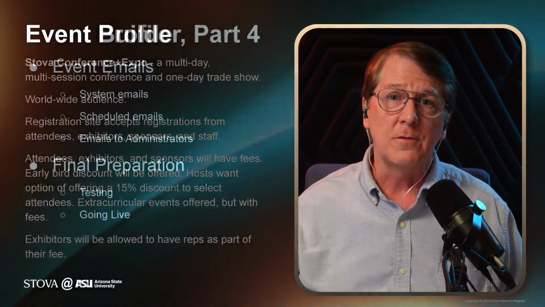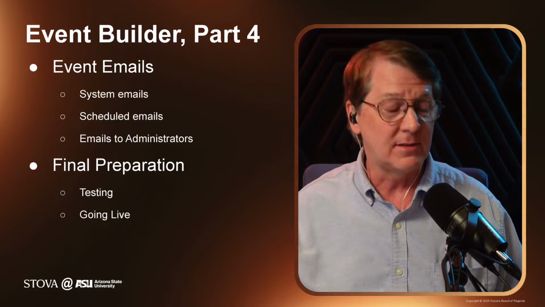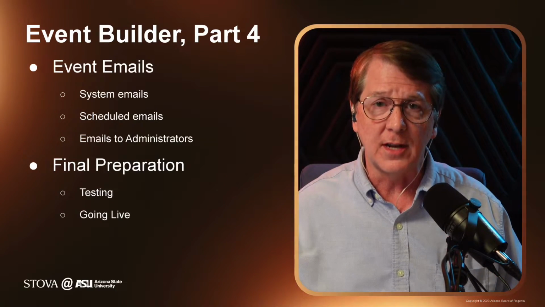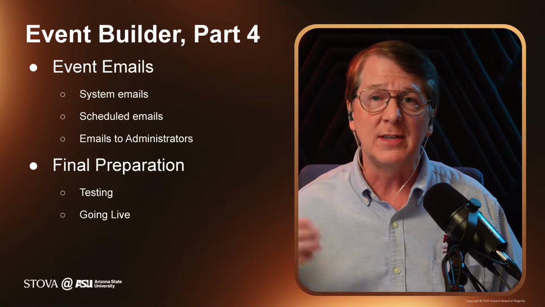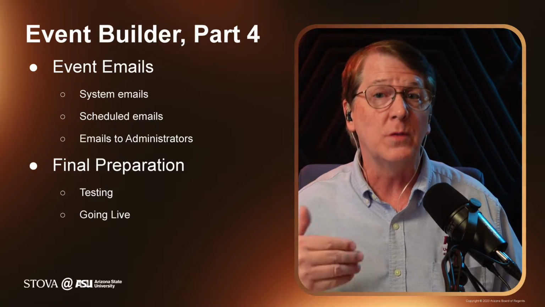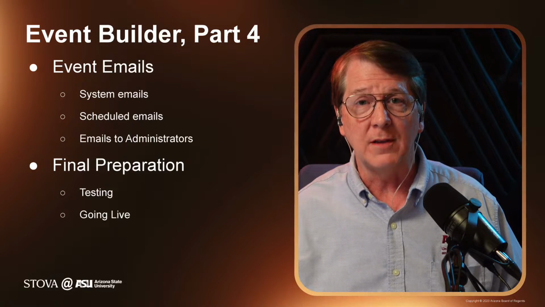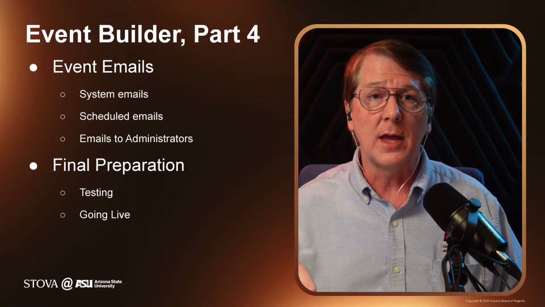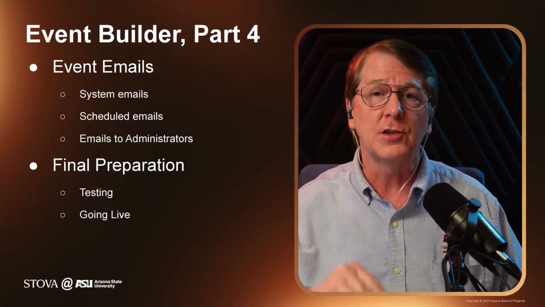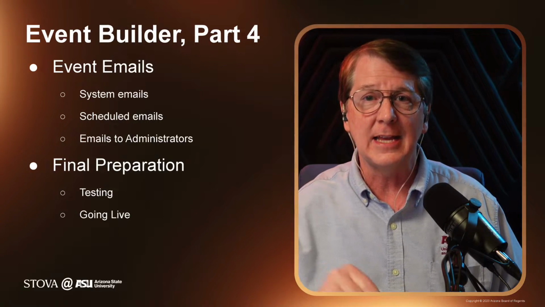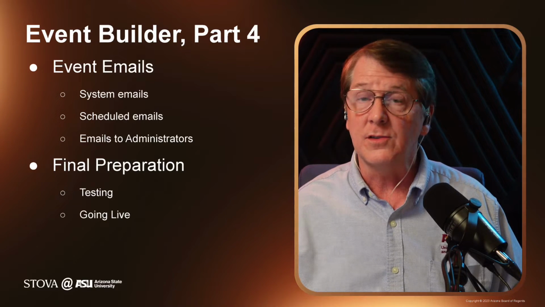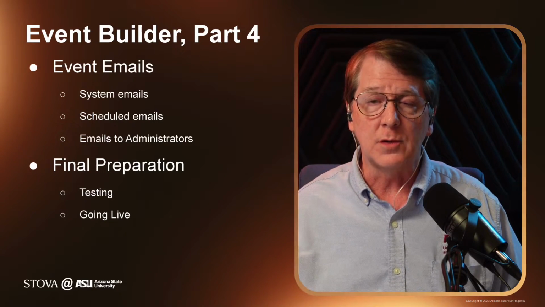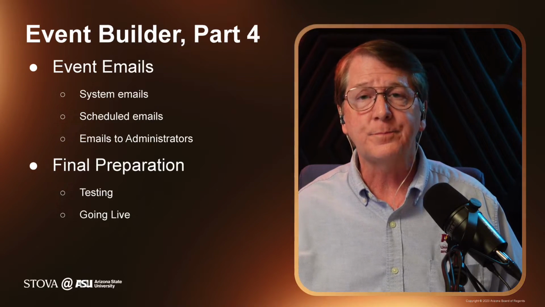And today we're going to focus on the last part of the setup for an event registration site, the emails that are going to be received by the people who have signed up for the event. There are system emails, which are triggered by actions your registrants take in the registration process. There are scheduled emails, so you can send blasts or individual custom emails to your attendees.